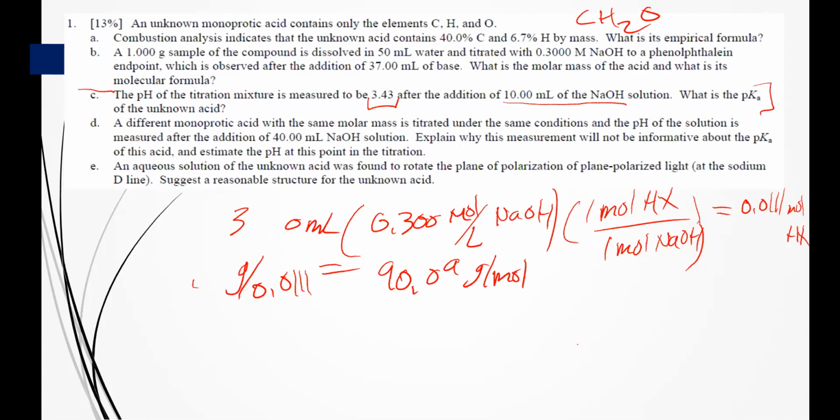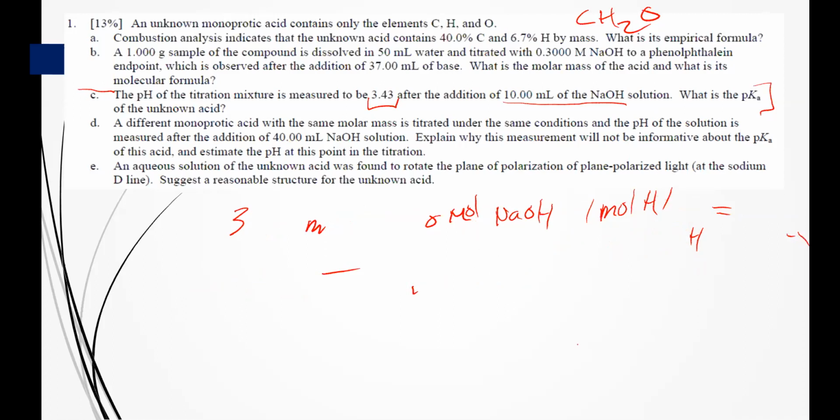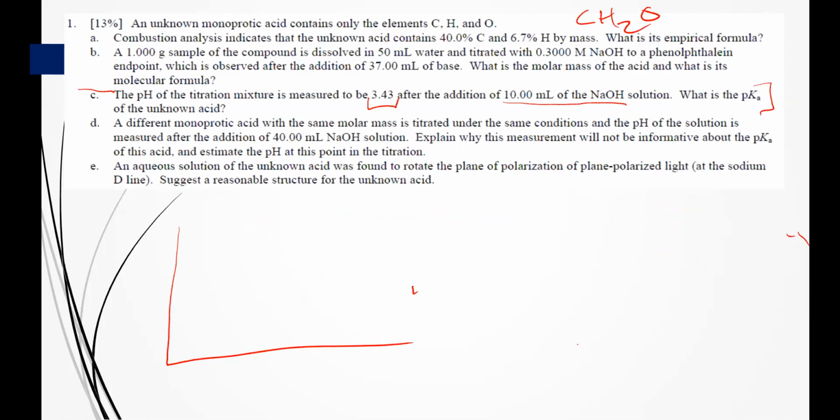If we think about this scenario, we've taken basically a weak acid, so we should start over here, and we've started to titrate it with our NaOH, so our titration curve is going to look something like that. We know our endpoint is at 37 milliliters. So when we're at this 10 milliliters, are we at the endpoint? Are we before it or after it?